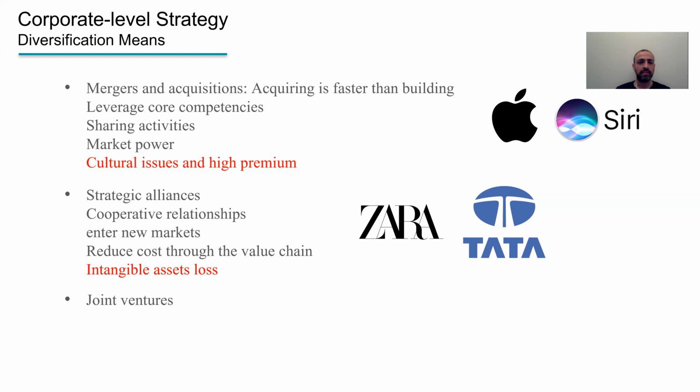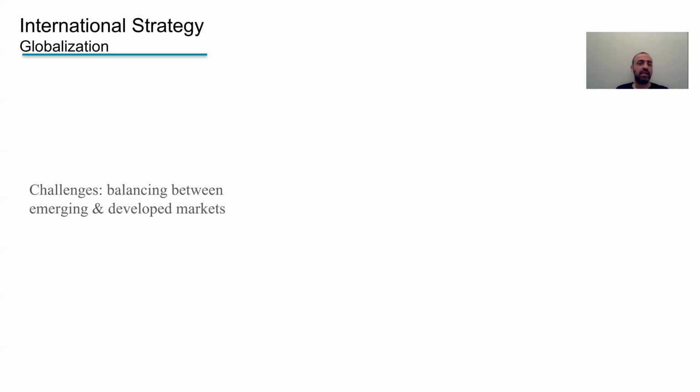So for international strategy, we have globalization. The main challenge is having a balance between the emerging and developed markets. In general, globalization is really prevalent these days everywhere, and many companies are in a globalization situation, because in a study, the companies that have undergone globalization or become multinational are twice as likely to outperform the firms that have not.